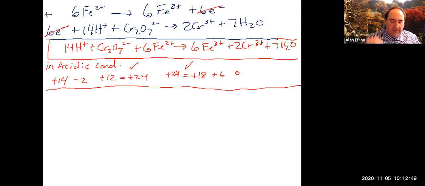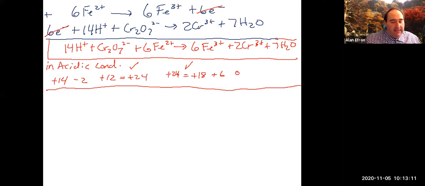So again, just to review the steps, we want to split it into our half reactions. We want to balance all the elements other than oxygen and hydrogen with coefficients. We want to balance oxygen by adding water to whichever side needs the oxygen, and H+ or 2 H+ for every water that we add to the other side.